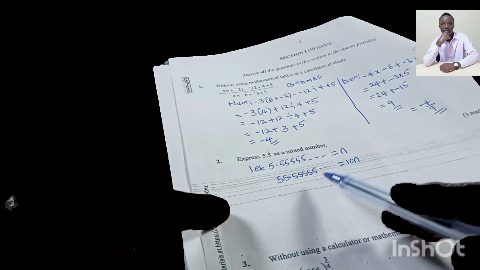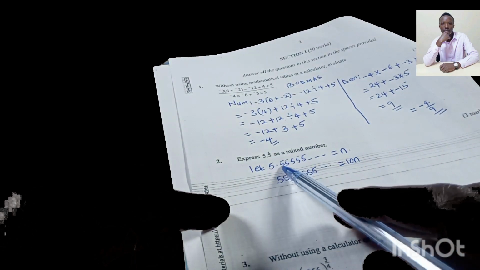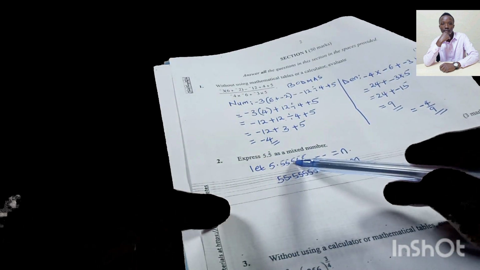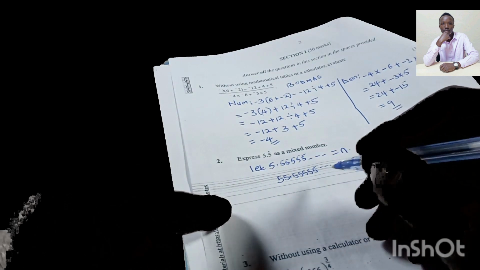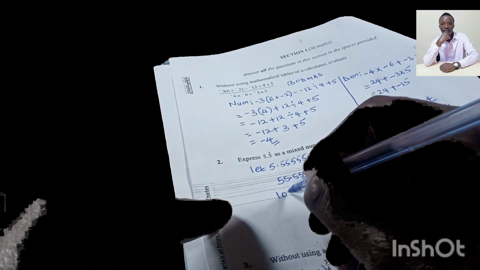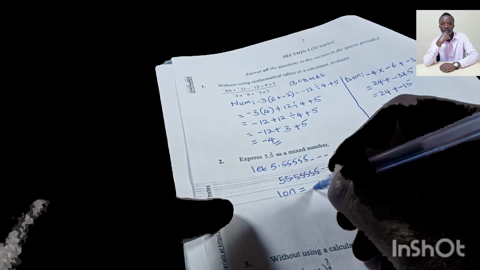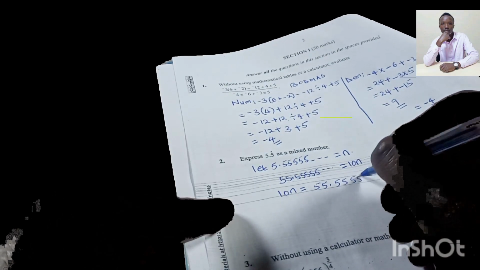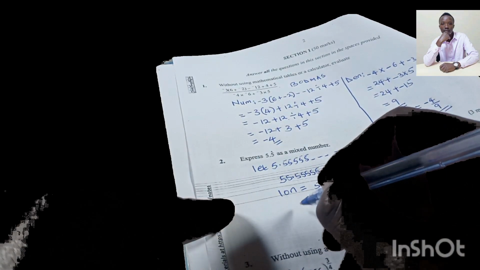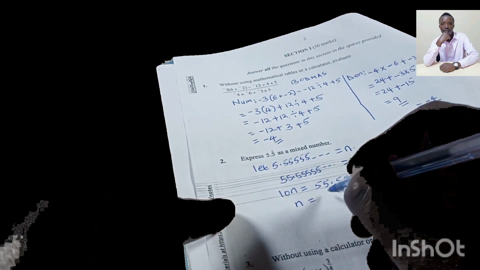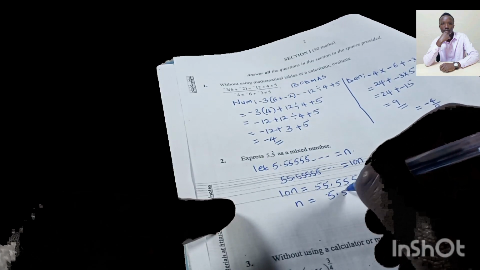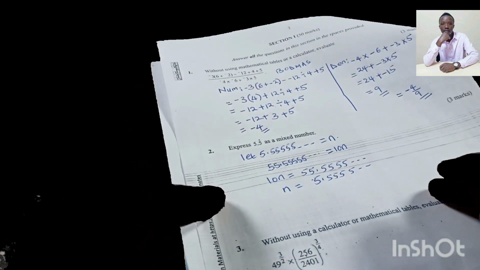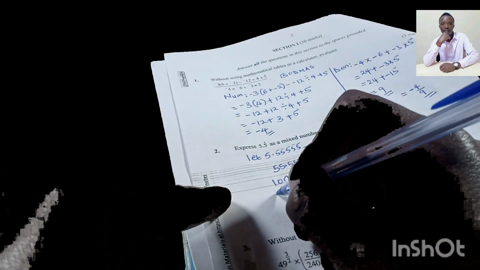We all see that the numbers that are recurring are all 5. So we can take the second and subtract the first one. When we subtract, we have 10n is equal to 55.5555 recurring minus n, which is equal to 5.5555 recurring.